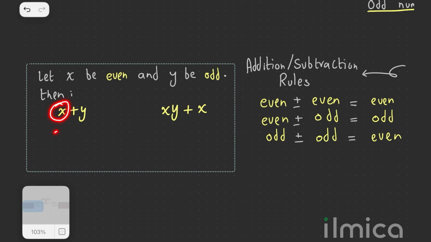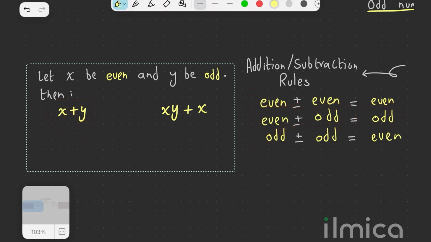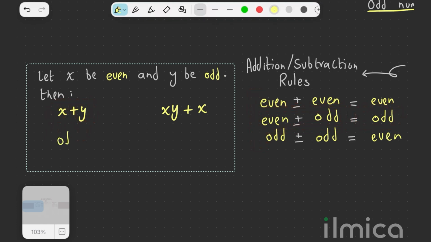Remember, x is even and y is odd. So which one out of these rules will apply? Even and odd? Well, this one, right? This one applies for both when numbers are getting added or subtracted. And we know the result of this is going to be odd just by memorizing this rule. So that's going to be our answer over here.